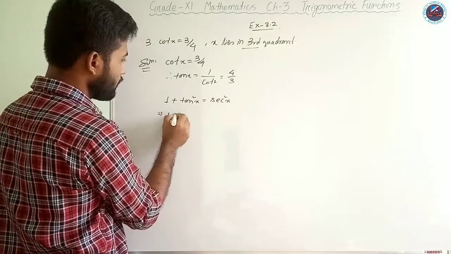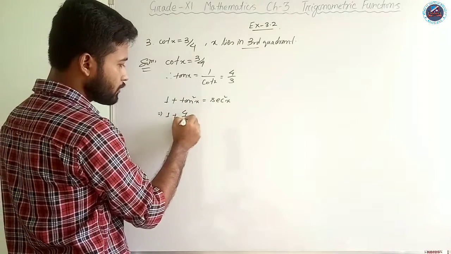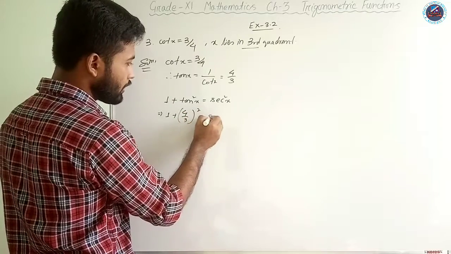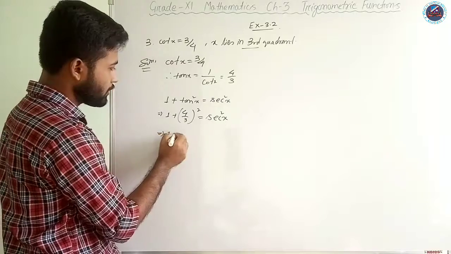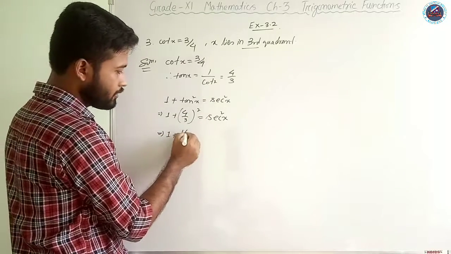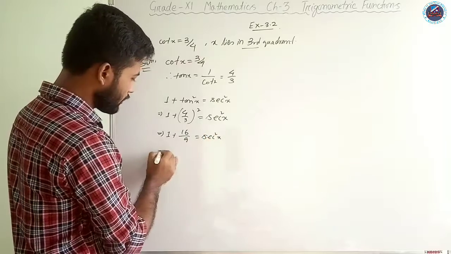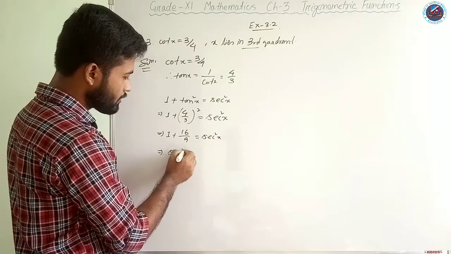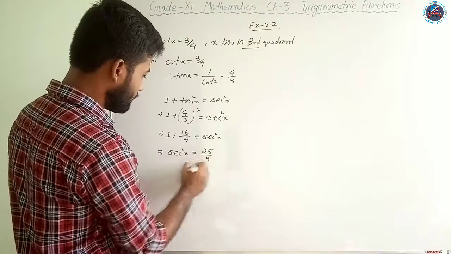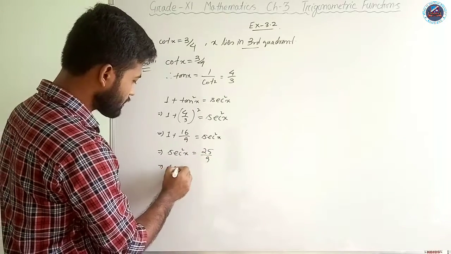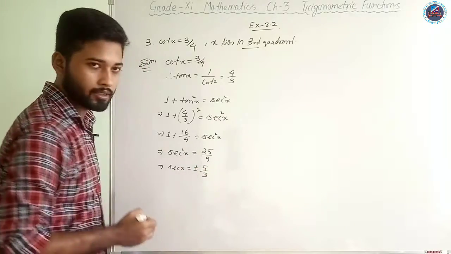So this will imply 1 plus tan square x, which is (4/3) whole square, is equal to sec square x. So 1 plus 16/9, that is 25/9, so sec square x is equal to 25/9, and this will give us sec x is equal to plus minus 5/3.